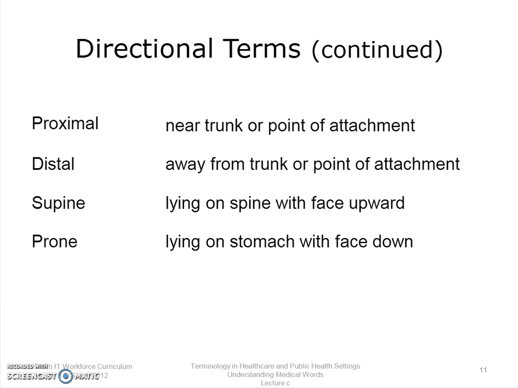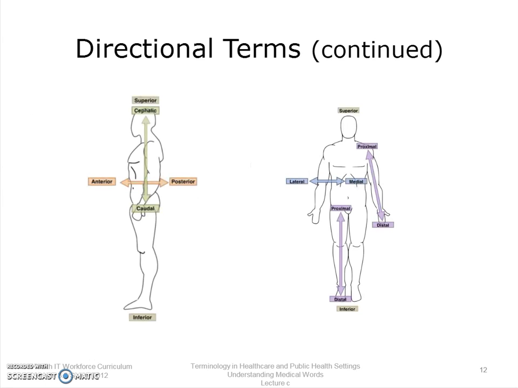Supine refers to the body's position when you are lying on your spine with your face pointing upward. Prone, on the other hand, refers to lying on your stomach with your face pointing down. As you can see, there are many directional terms that can be used to describe one body position in relation to another.